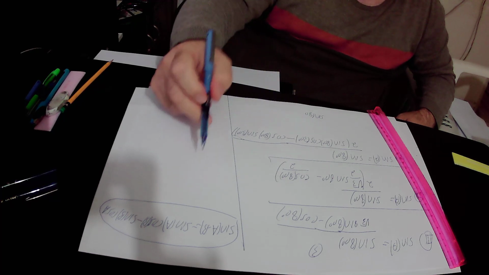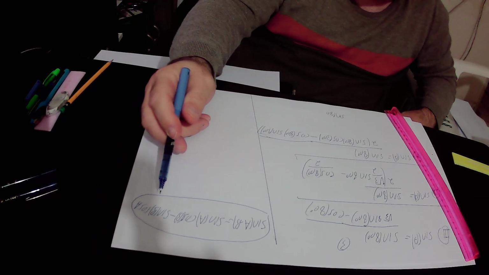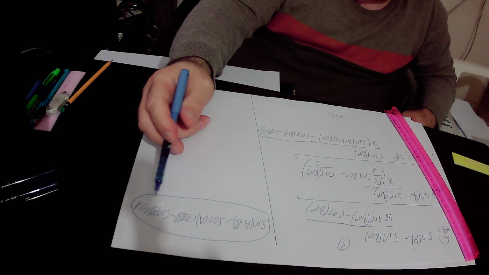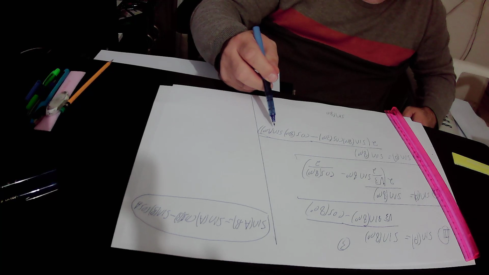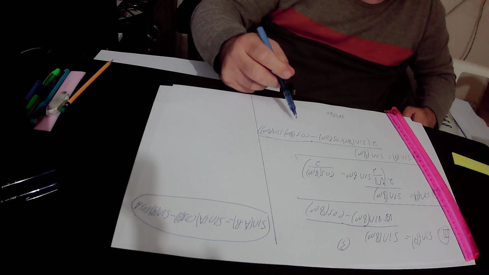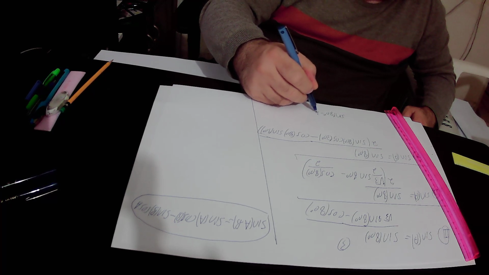Again, according to the trigonometric identity that sine A minus B equals sine A cosine B minus sine B cosine A, we will get that sine 80 degrees cosine 30 degrees minus sine 30 degrees cosine 80 degrees equals sine 80 degrees minus 30 degrees.